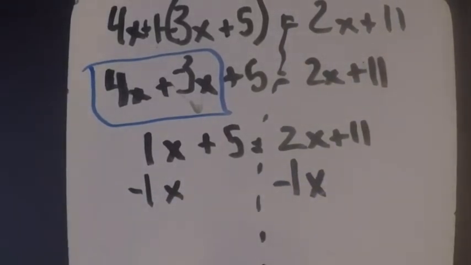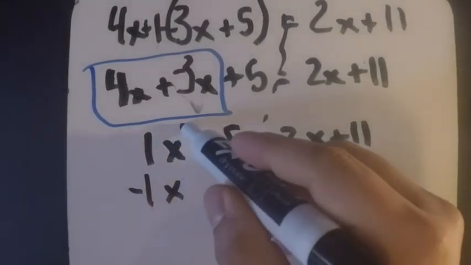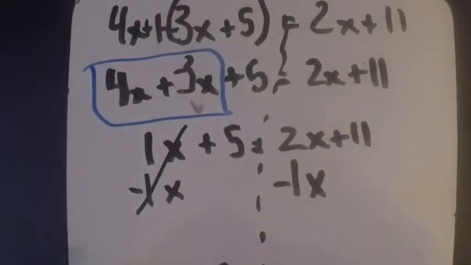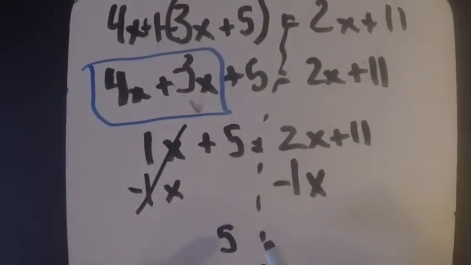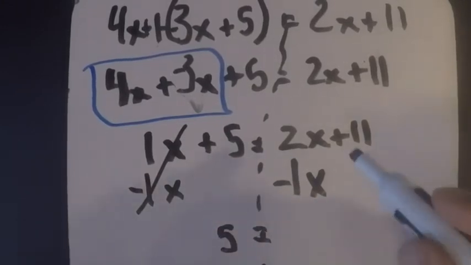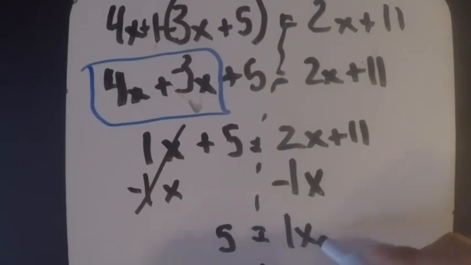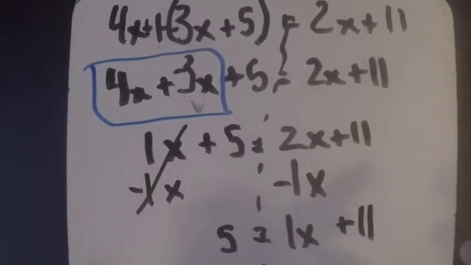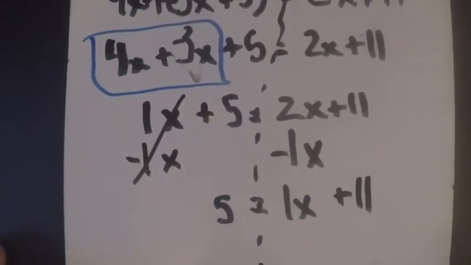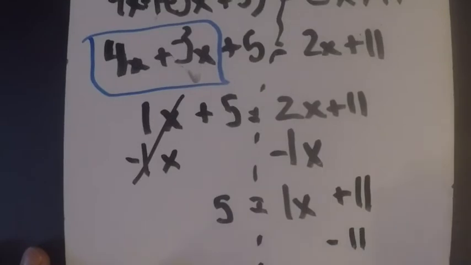Because what we do to one side, we have to do to the other. These x's will turn to a 0. So we'll just be left with 5 on the left side equals 2x minus 1x is going to be 1x plus 11. So now we want to get x by itself, so we got to get rid of that positive 11. So we're going to subtract 11 from both sides.